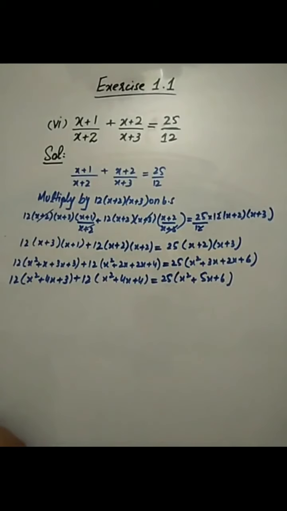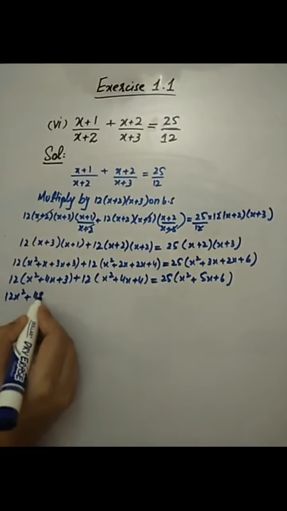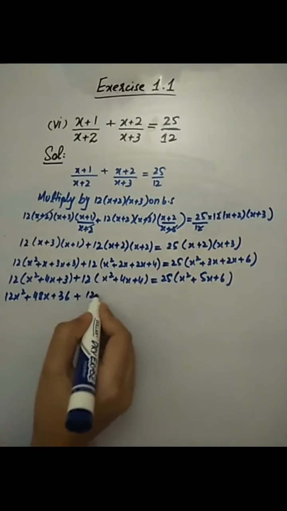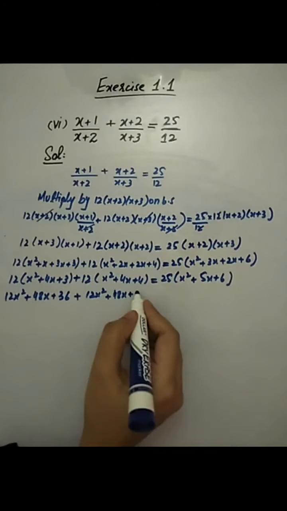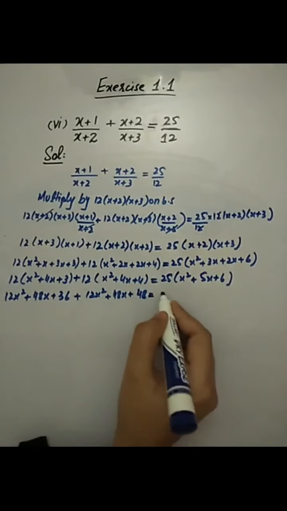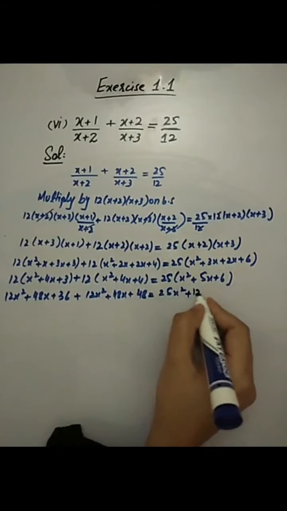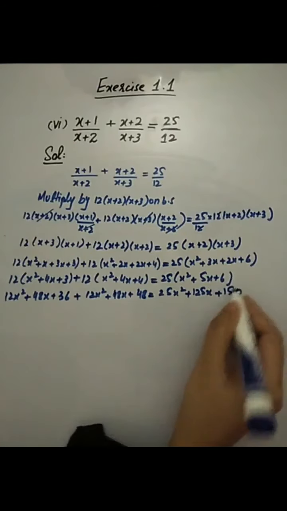Clear? Now what we have to do, we have to multiply this whole with 12. 12x square, 12 4s are 48x, 12 3s are 36. 12x square, 48x, 48. 25x square, 25 5s are 125x plus 25 6s are 150.